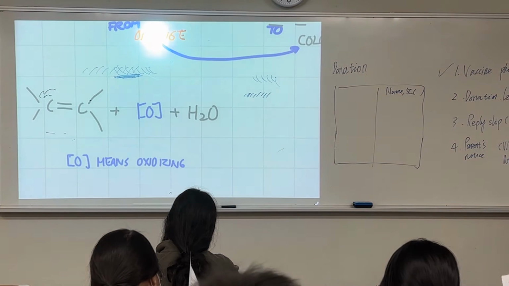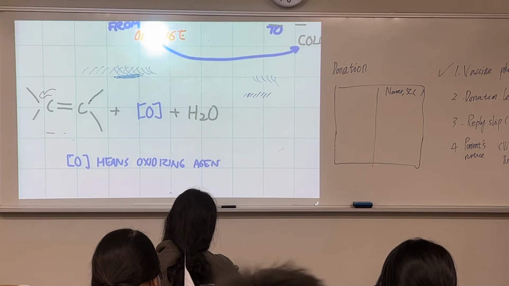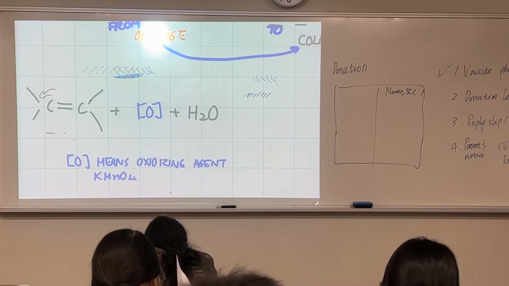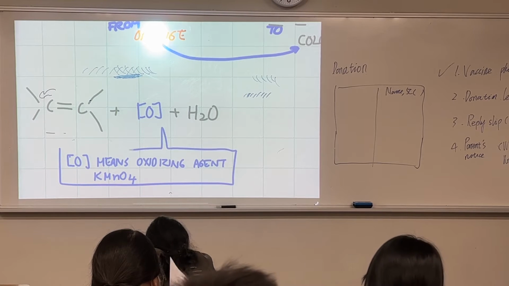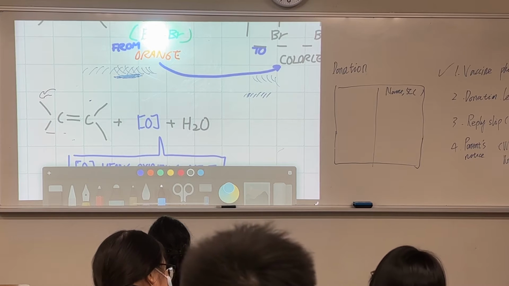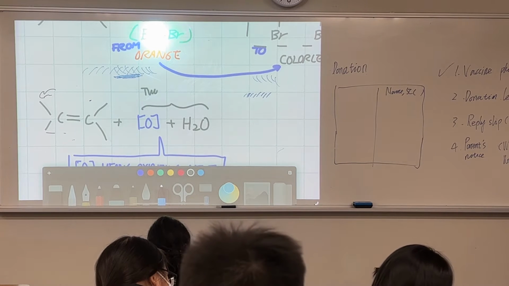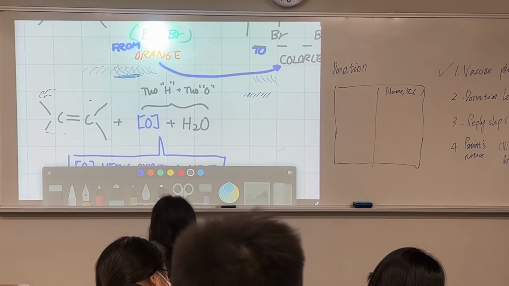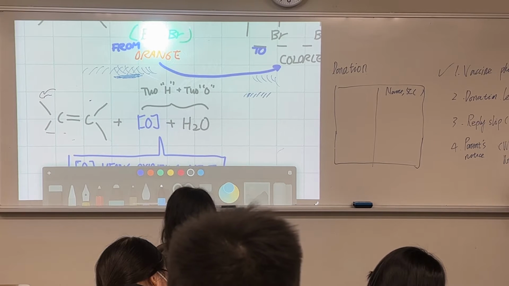So this square bracket means the oxidizing agent KMnO4. So we write this in the equation. And if you count carefully, you can see that there is a total of 2H and 2O in just the oxidizing agent and the H2O alone.